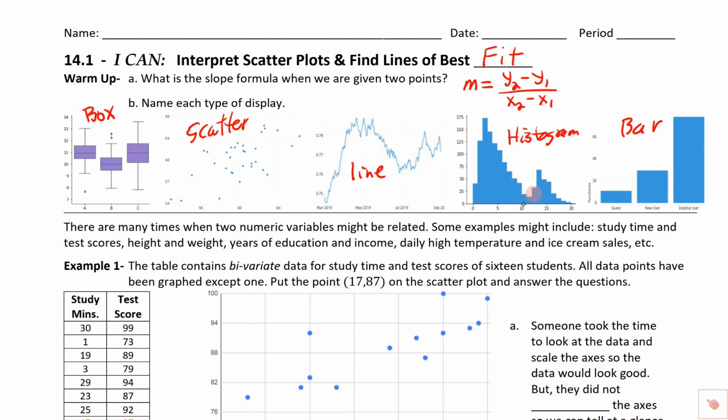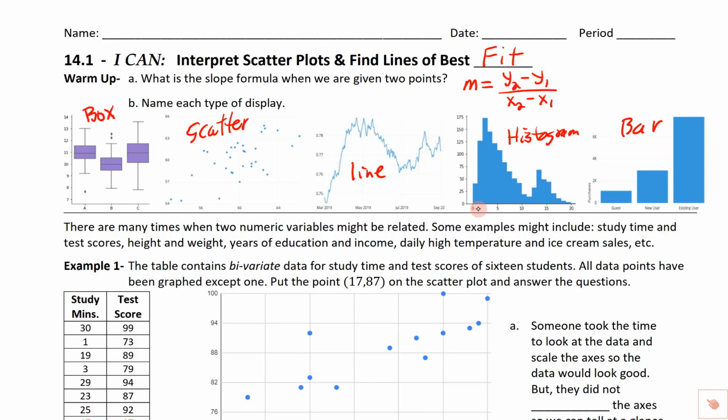Now over here, if we look at each one of these rectangles, I bet these rectangles are about 1 unit wide. So each one of those intervals or classes or scales, buckets, whatever you want to call them, is 1 unit wide. And if we had one that was completely empty, that would mean there are no values there. So we've got one right here. It looks like there aren't any negative values on there. And of course, the taller it gets, the more data exists in that particular little interval.